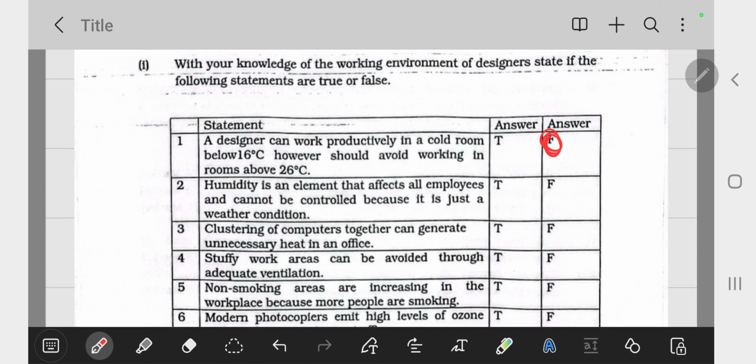Most modern buildings have what are known as HVAC systems. Those under mechanical engineering will be able to tell you more about HVAC systems. So this statement is false, because humidity can be controlled using HVAC systems, which most modern offices deploy. To say that humidity cannot be controlled is a false statement.